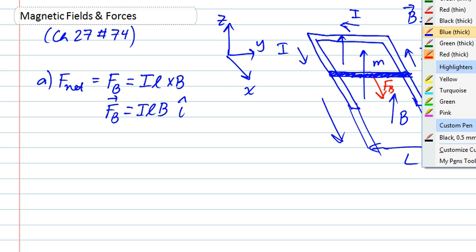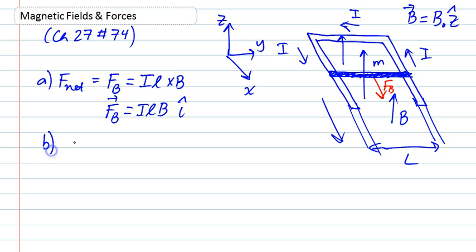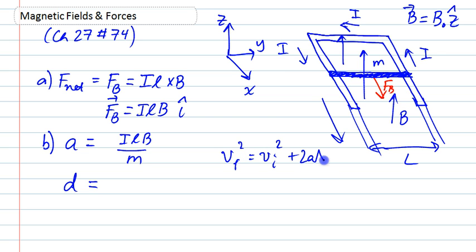Now in part B, we're asked to find the acceleration, and because the force is constant, the acceleration is just the force divided by the mass. We also know the distance it travels from the equation v final squared equals v initial squared plus 2a delta d.